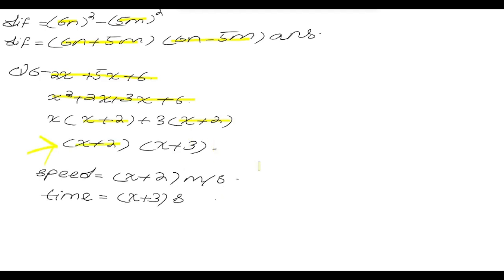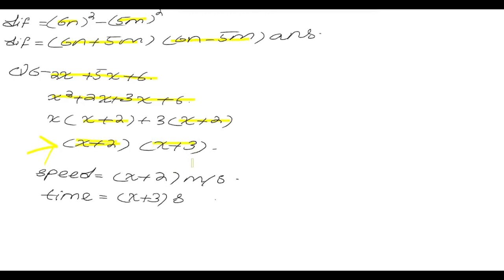Now what do we need to find? We need to find the speed and the time. But since we aren't given the numerical value, we can just assign speed and time the values from the given factors. So we can say that our speed is x + 2 meters per second with the unit and our time in seconds is x + 3. Or you can swap the values.